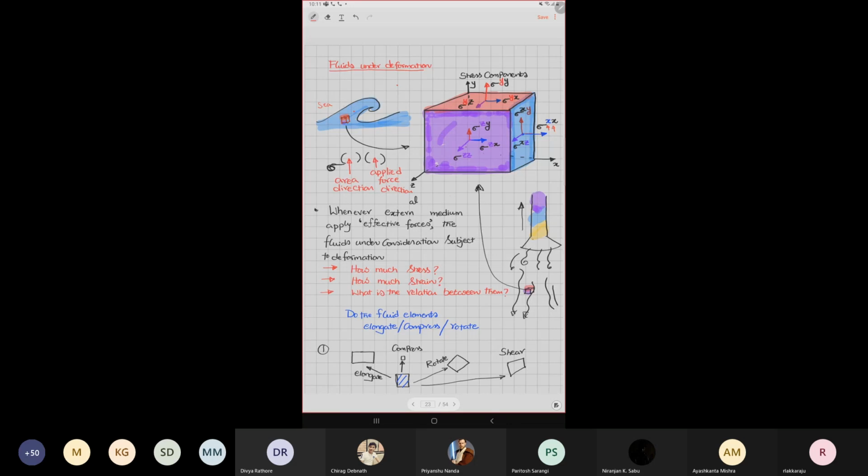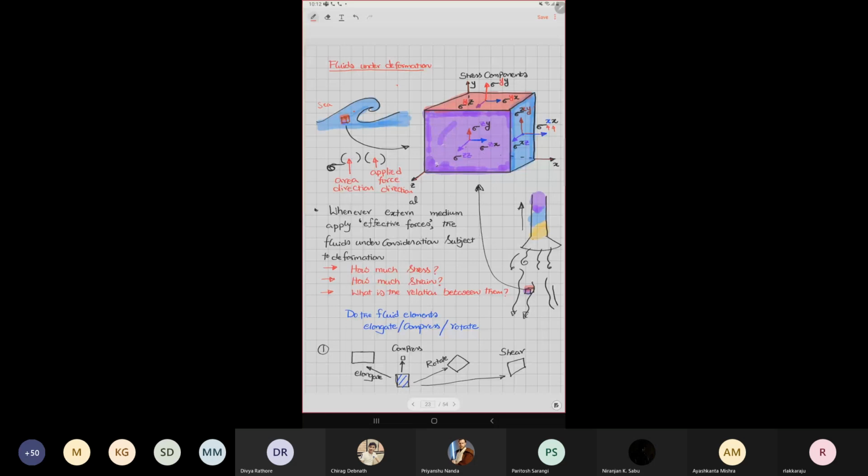So the surface normal is in the x direction. In case there is a force acting on the surface, to describe that kind of stress component, we will call it sigma xy. Y is the direction of the force. So the coordinate system is, this is z, x direction, y direction. On that surface, sigma xy stress basically corresponds to a force acting parallel to that surface in the y direction, and the surface normal is in the x direction.